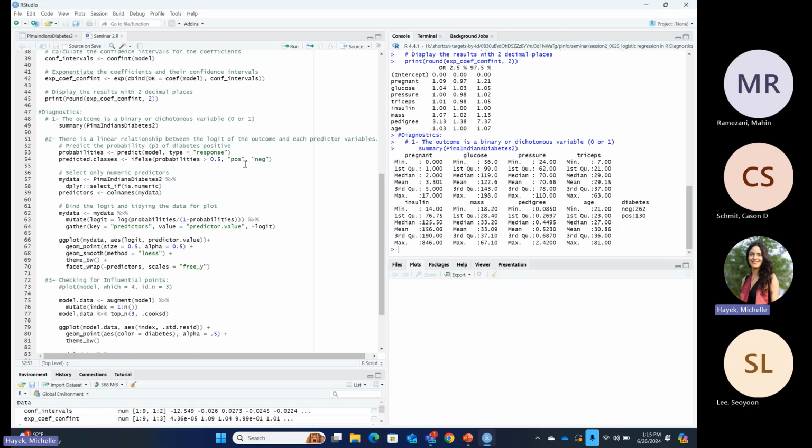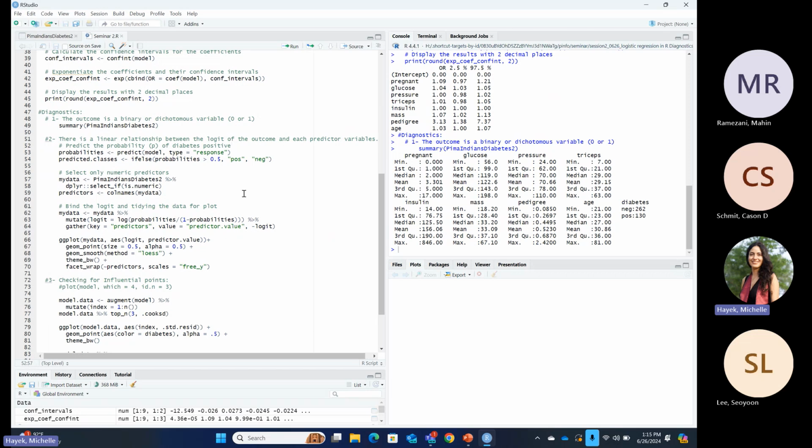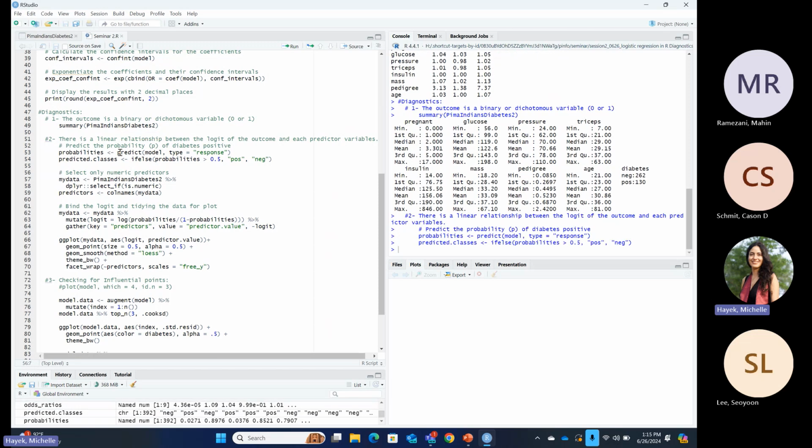The second thing is that there's a linear relationship between the logit of the outcome and each predictor variable. In order to do that, we have to have the prediction, the probabilities of each variable inside of the model. And like we said from the graph, everything above 0.5 would be considered as diabetes positive, everything below would be negative.